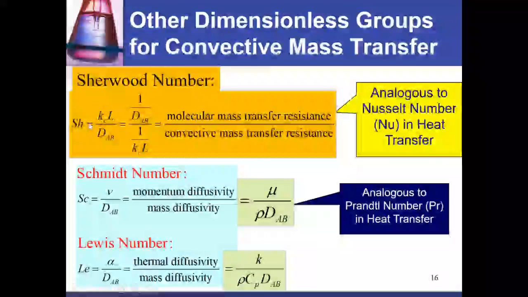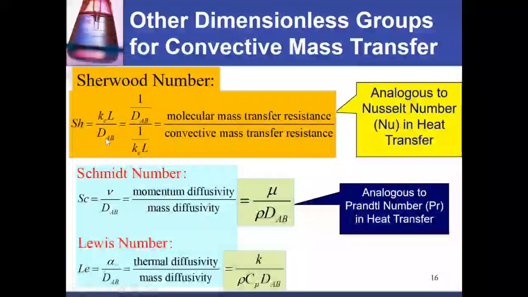So the Sherwood number is Kc times L over DAB. Yes, Hamad. Yes, doctor. So you multiply by L to make this number. We want to reach this number, we want to reach Sherwood. Okay. So the Sherwood number is now defined as Kc times L over DAB.